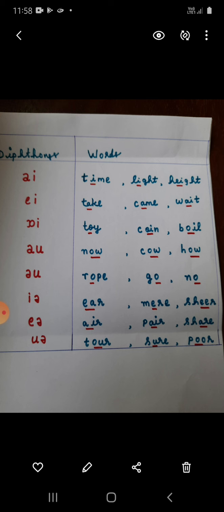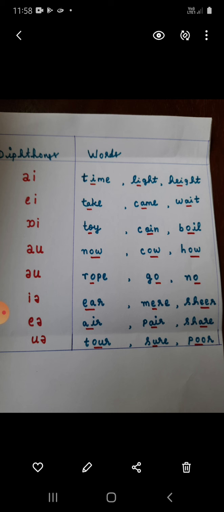Understood? And which are the examples? Time, light, height. So many examples are there. Fight, night, might, knife. All those examples can be listed under the category I sound.